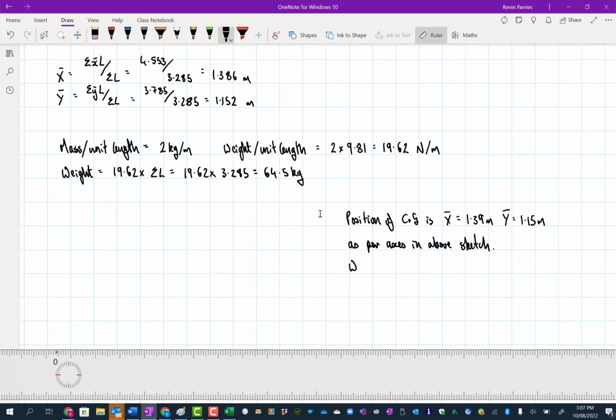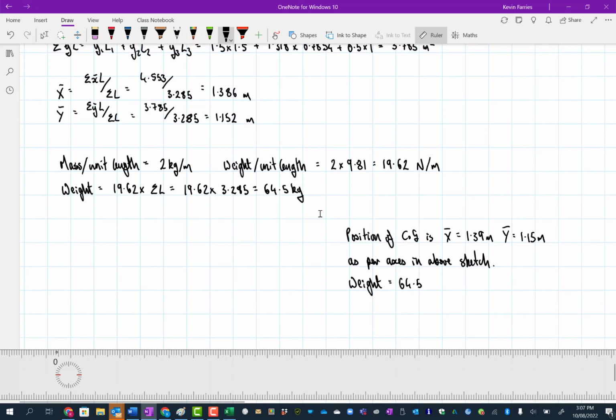And weight is equal to 64.5. Does that seem about right? Okay. This was the weight per unit length, and I just think it seems an awful lot given it's only 2 kilograms per meter length. So I've just seen that I've made a mistake there. That's newtons now.